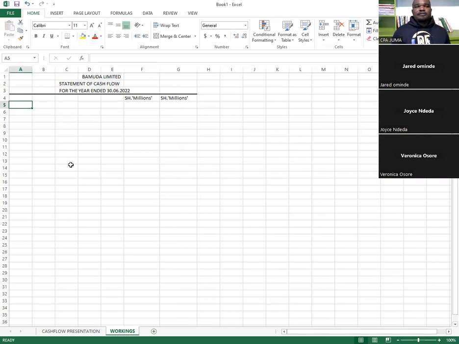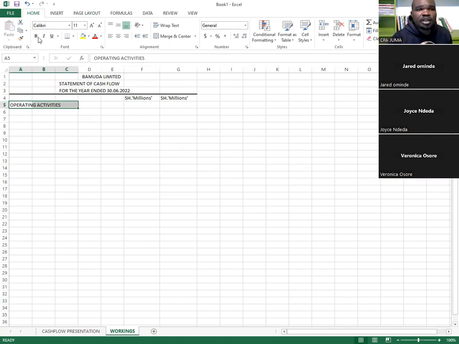So obeying the format, we start with operating activities. So we'll have the heading operating activities, in which case this heading, you can also decorate it the way you want.